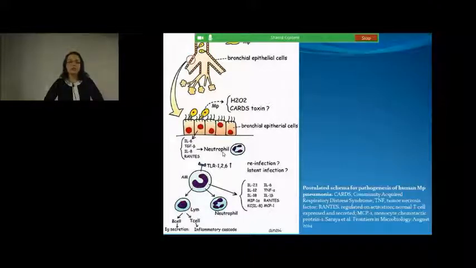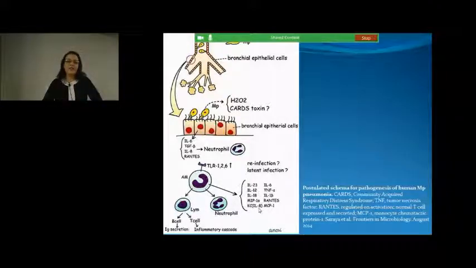local infiltration of neutrophils. So, in the lower respiratory tract, Mycoplasma will be opsonized by antibodies and complement, and phagocytized by activated macrophages. Macrophages will activate multiple cytokines, including interleukin-18 and interleukin-8.